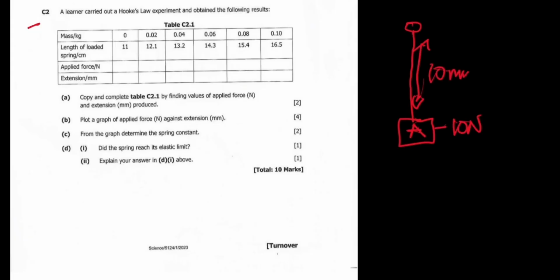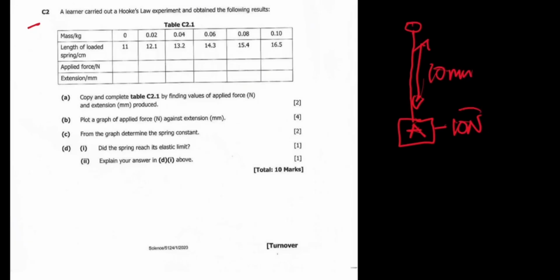Well, when you're talking about what is happening here with the extension, you might have something like this, and then you hang object A to it. Let's say this is having 10 newtons, and the distance here is, let's say, 10 millimeters.